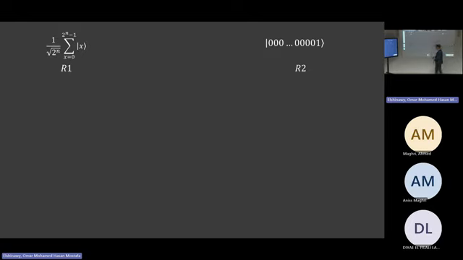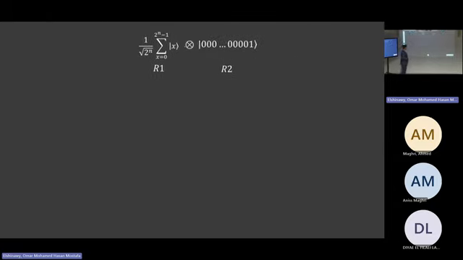Next, we're going to try to express all the quantum registers in one unique quantum system. And how do we do this? We said that the quantum system is expressed by the tensor product of both registers. You can also notice that 0, 0, 0, 1 could be simplified and just be written as 1.